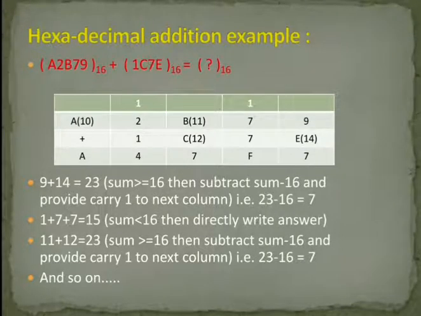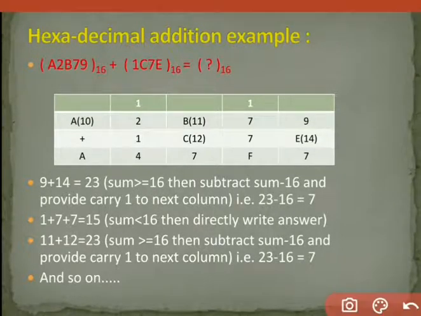Now in addition, what we have to do, see, when we are adding this number with this number, see what happened. 9 with E is 14. 9 plus 14 is equals to 23, and 23 is more than 16.